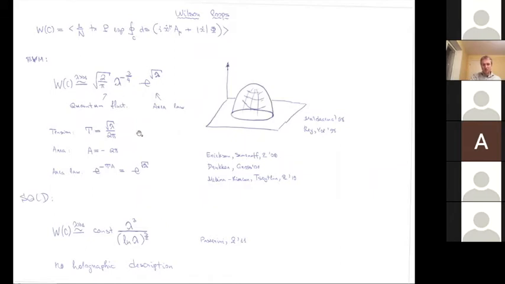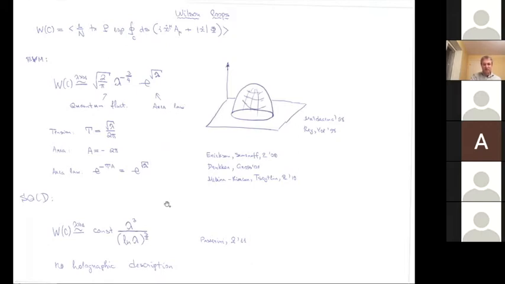So indeed, the string tension is square root of lambda over 2 pi. Lambda is the 't Hooft coupling. One can compute the area of the minimal surface bounded by the circle. When regularized, it gives minus 2 pi. And so e to the minus tension times area is simply e to the square root of lambda. So everything matches.